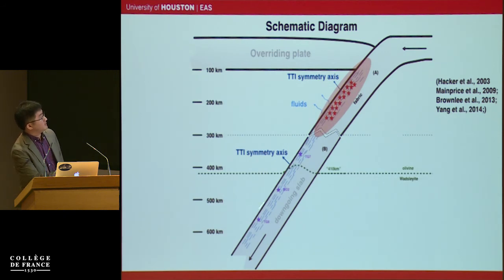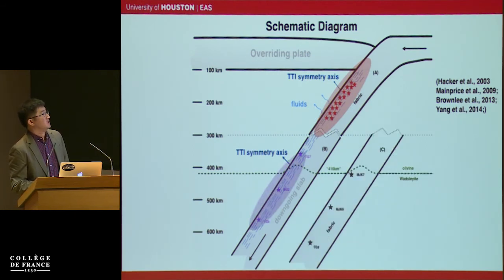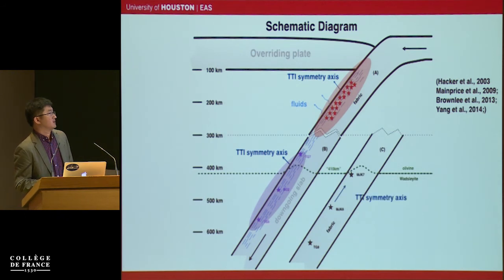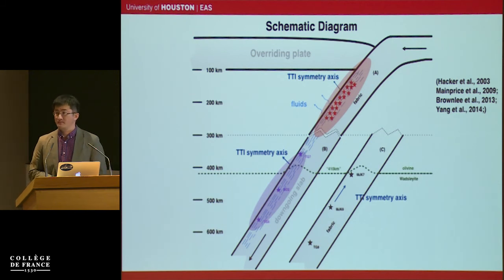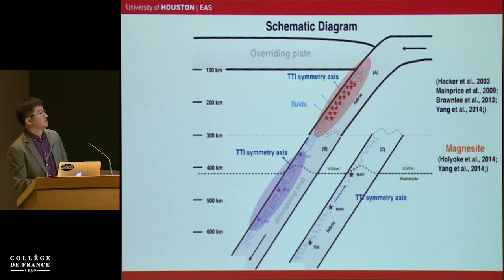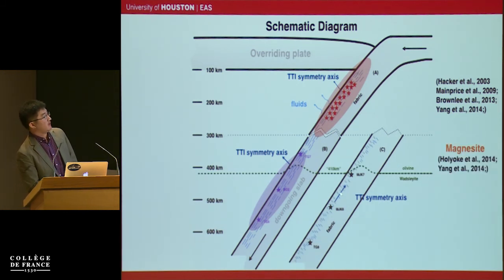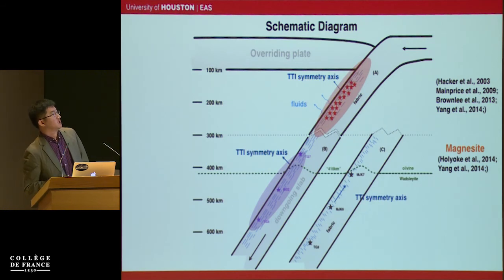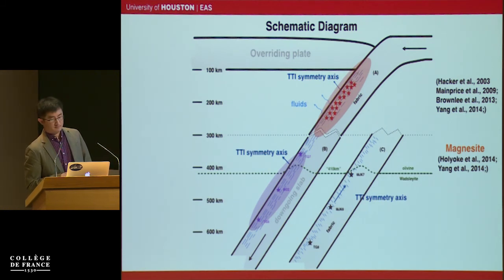For 3 of them, the layering is also parallel to the slab interface, but we also have another 3 groups where the TTI symmetry axis is parallel to the slab interface, and not only parallel, it actually coincides with the maximum compression stress axis. This shows maybe that's a stress-induced fabric structure in those 3 deep focus earthquakes.